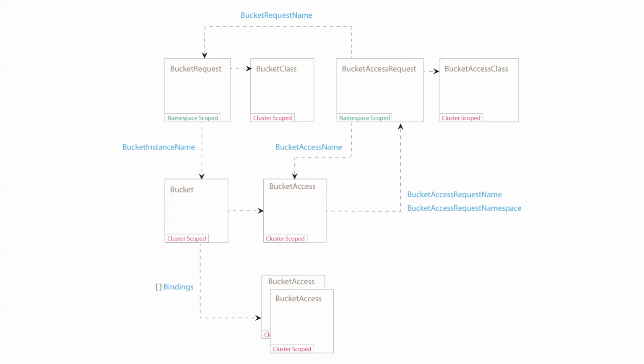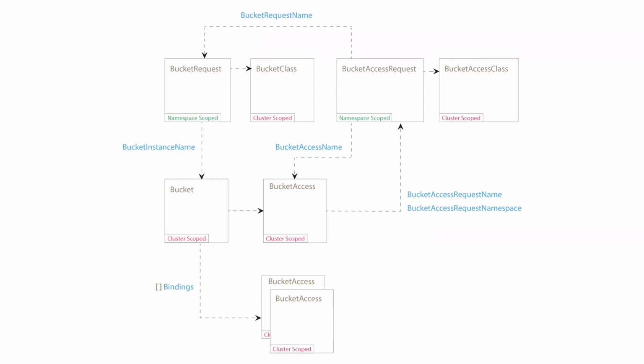So here, what I've drawn here are the different resources that the Cozy ecosystem handles. On the left-hand side, we have the bucket and bucket class and bucket request. So when a user wants to create a bucket, they would create a bucket request and point it to a bucket class, which has certain parameters about how the bucket should be created.